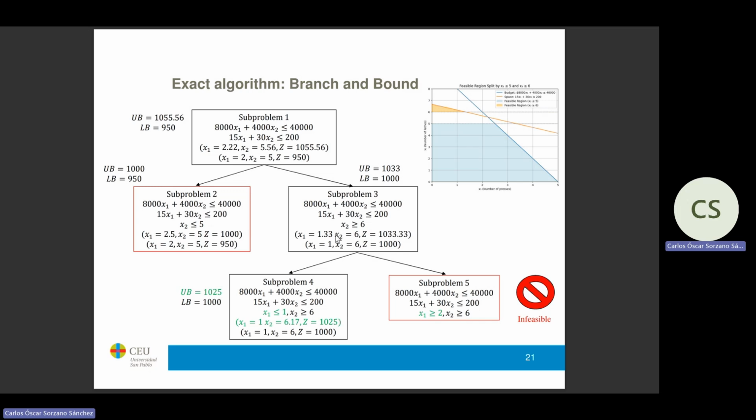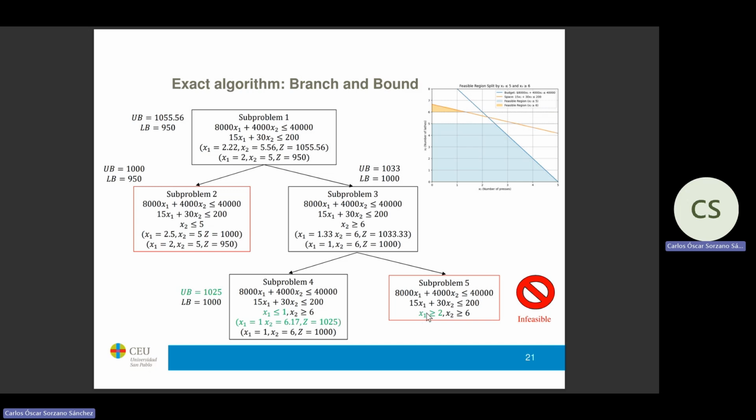So again, we have two subproblems: one in which x1 is smaller than or equal to 1, or x1 is larger than or equal to 2. For the first, we have the original constraint, x2 larger than or equal to 6, and the new one, x1 smaller than or equal to 1. The solution is this one, and this is the rounding.